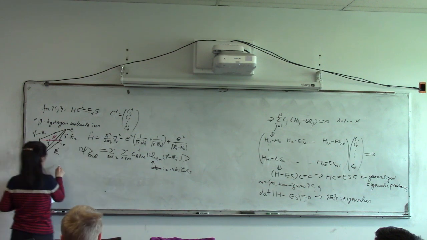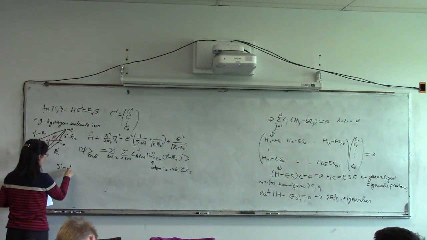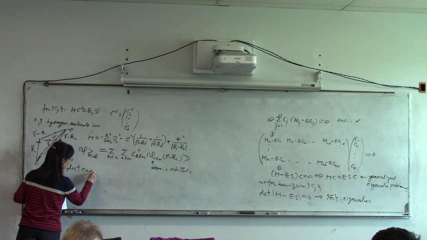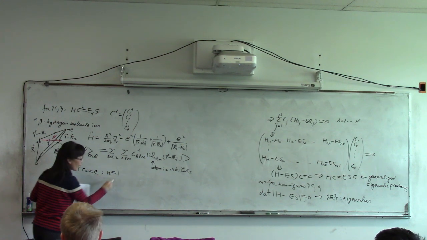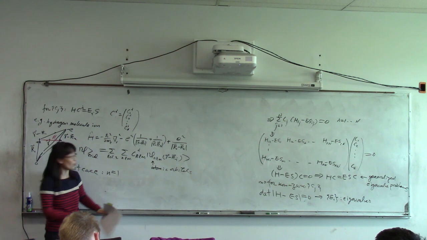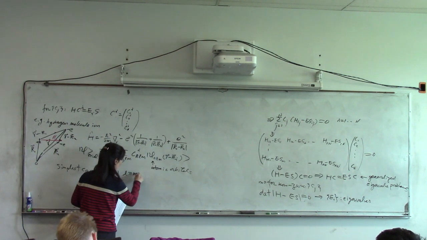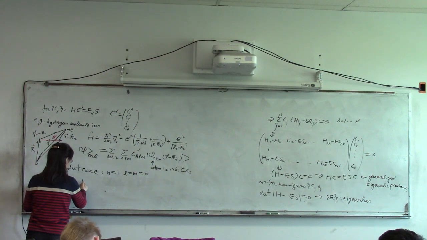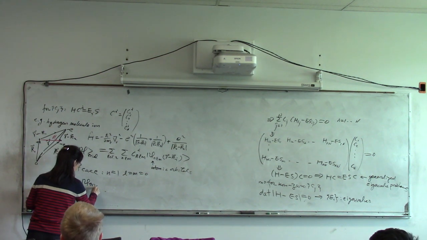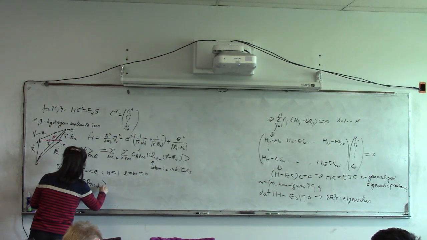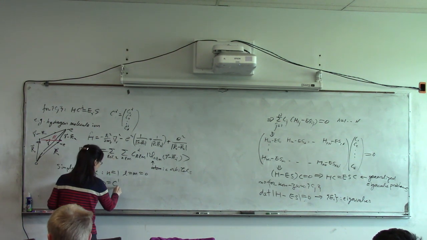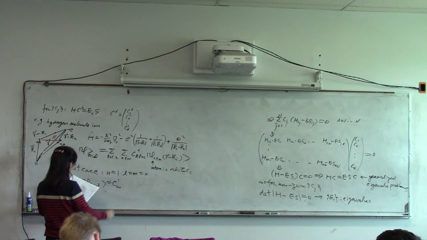So now let's select the simplest case, which is n equal to 1, the lowest, right? And l and m equal to 0. So now the trial function is the first one, C_100 because n equal to 1, right?